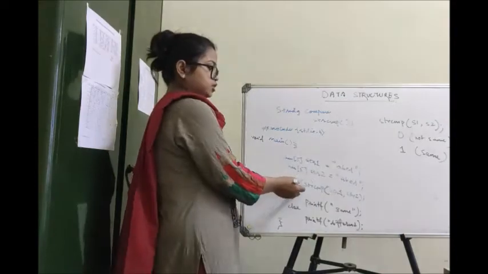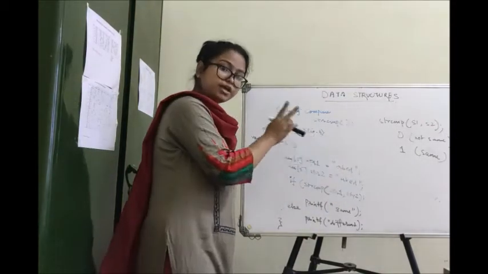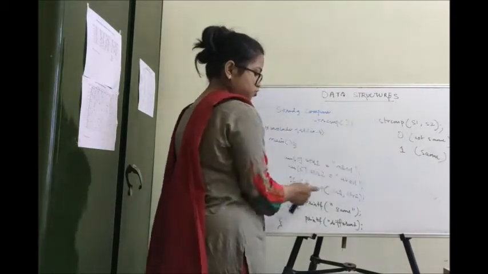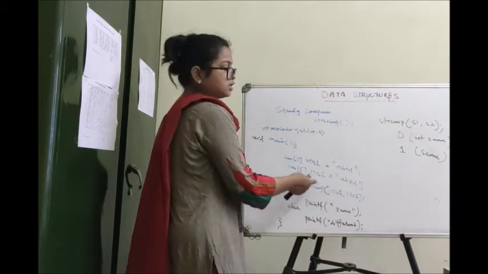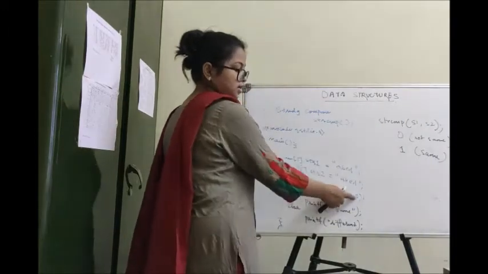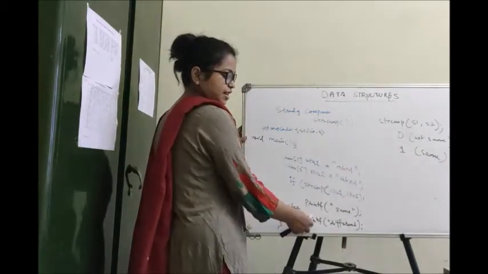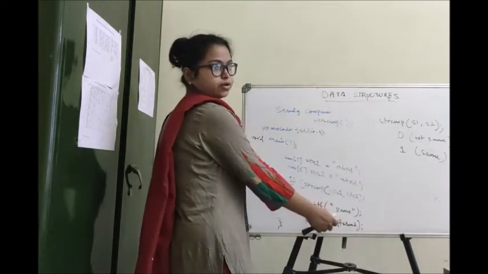Okay, in the if condition, if both str1 and str2 are equal, then only 1 is returned. 1 means true. If it is true, we will print same. If it is false, that is 0, not same. If str1 and str2 are not same, then what will be returned? 0 will be returned, so the else statement will be executed. What will be printed then? Different will be printed. Okay.